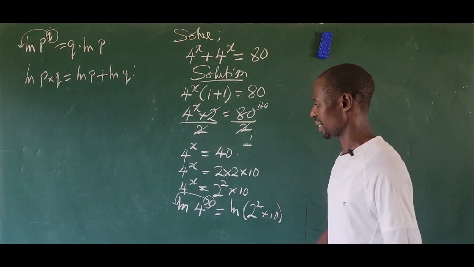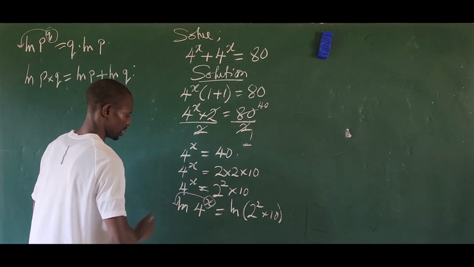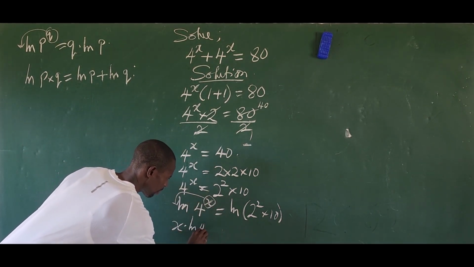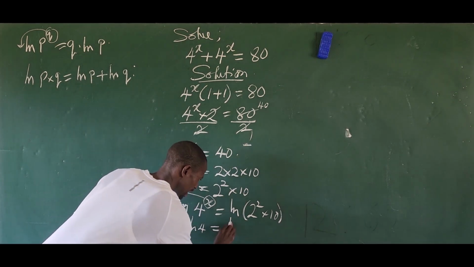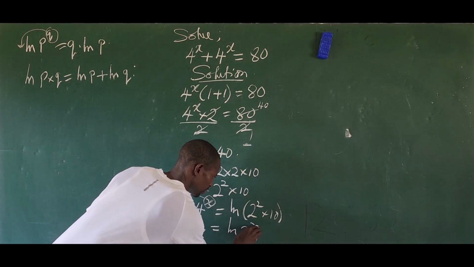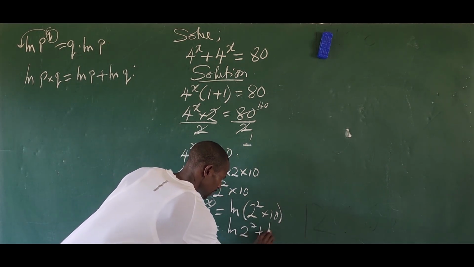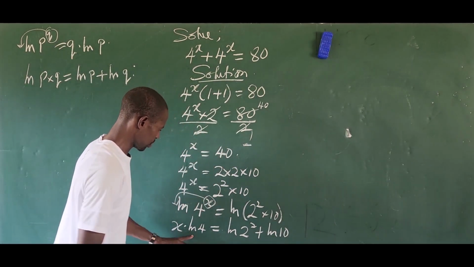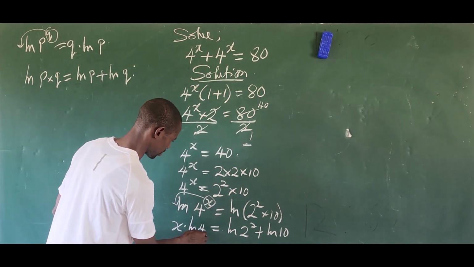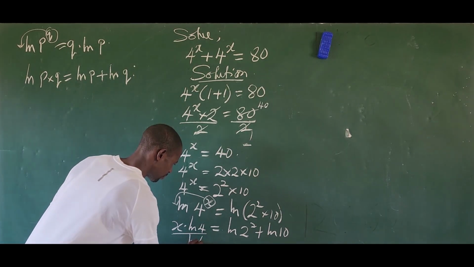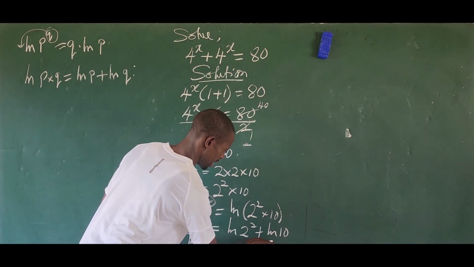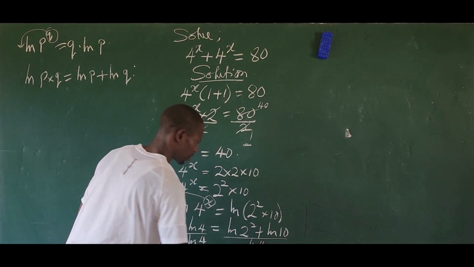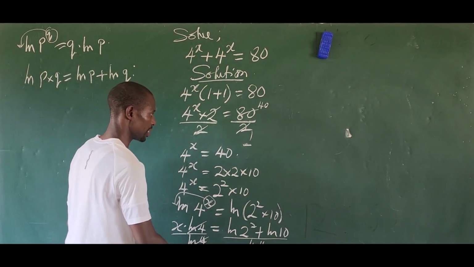Okay, so we're going to apply that here. So writing these two expressions, we're going to have x times the ln of 4 equal to the ln of 2 to the power of 2, then plus the ln of 10. Right? Good. So now we divide both sides of this equation by the ln of 4. We can equally divide everything here by the ln of 4 also. So this and this will leave.